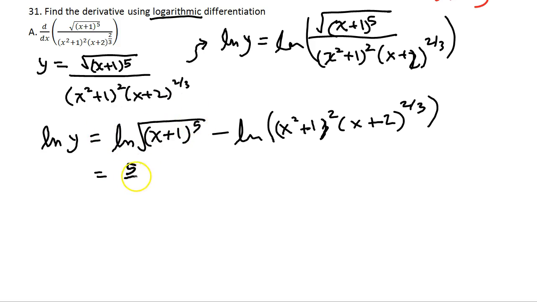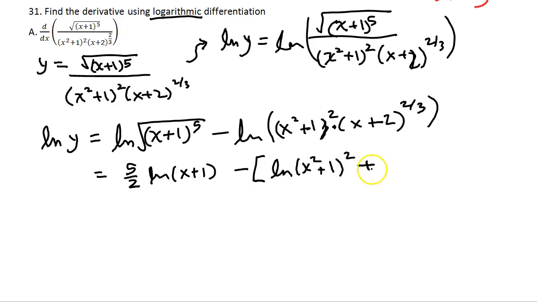So I have 5 over 2 ln (x plus 1), and this is a multiplication, so I can rewrite that as addition. Plus ln of (x plus 2) to the 2/3, and again these numbers can jump over the log.